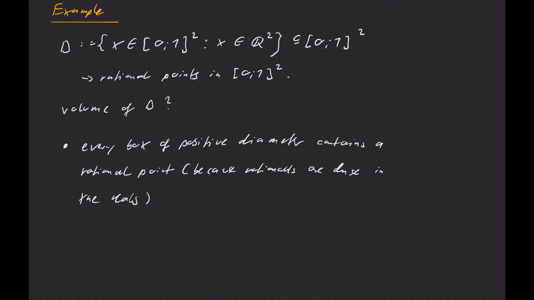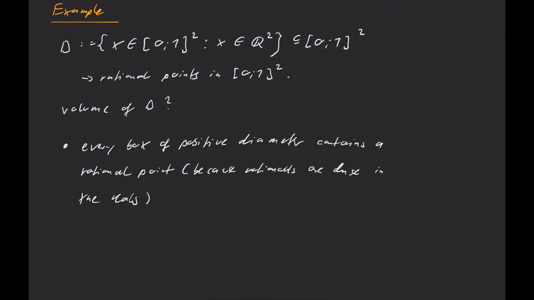So what does that mean for integration? Well, if we have a box of possibly very small diameter, then there's always a rational point contained in that box. And that means the maximum of the one function on that box will always be 1.